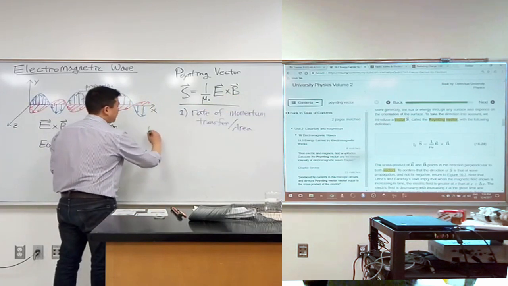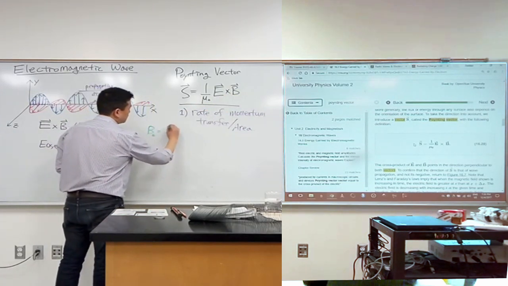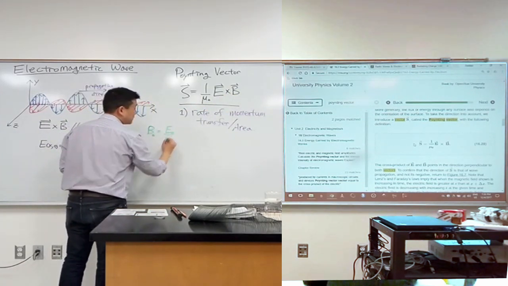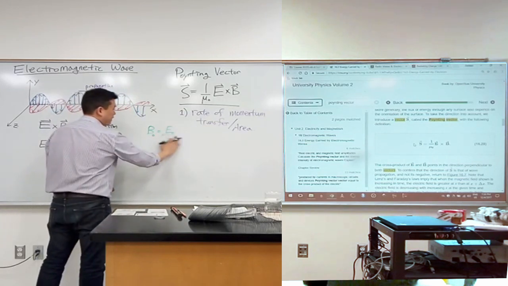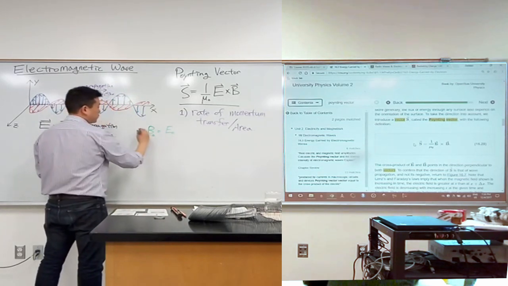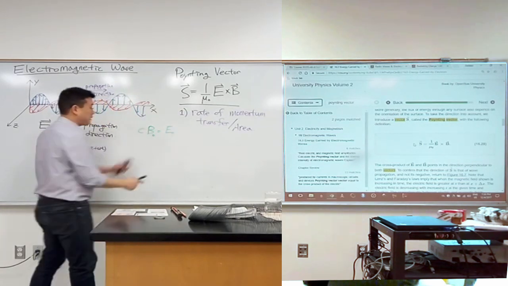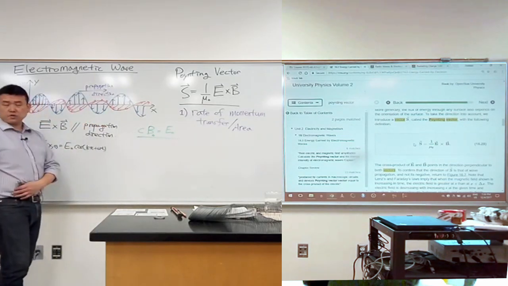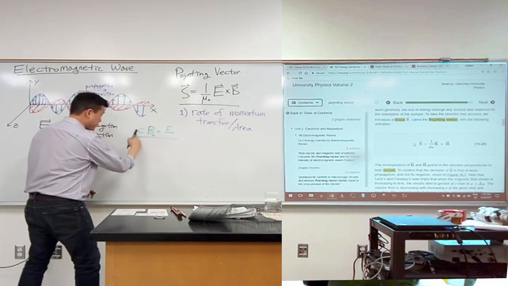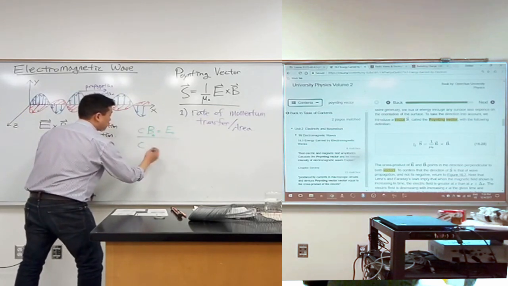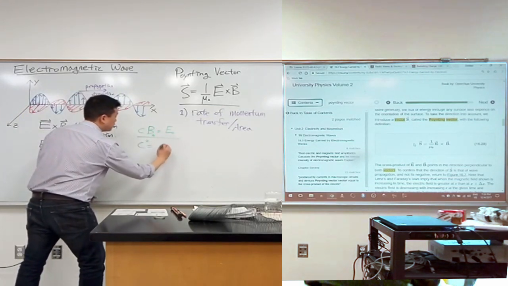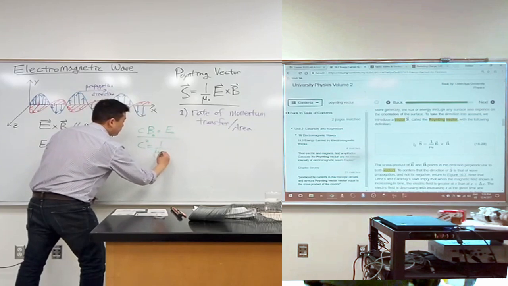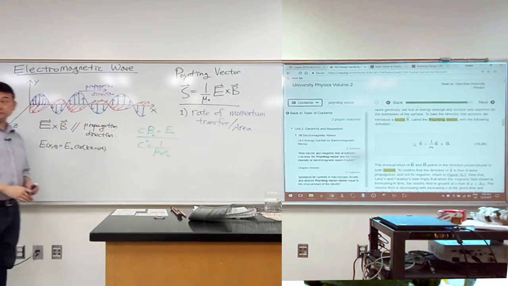The magnetic field magnitude was electric field magnitude over c, or the other way around, electric field magnitude is c times magnetic field. The other information that's going to be useful for me to remember is that the speed of light c, or rather c squared, is equal to 1 over mu naught epsilon naught.